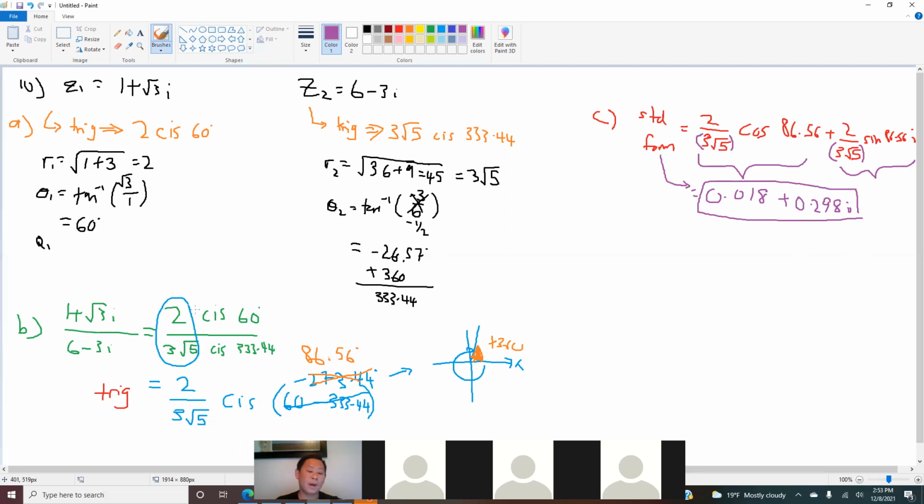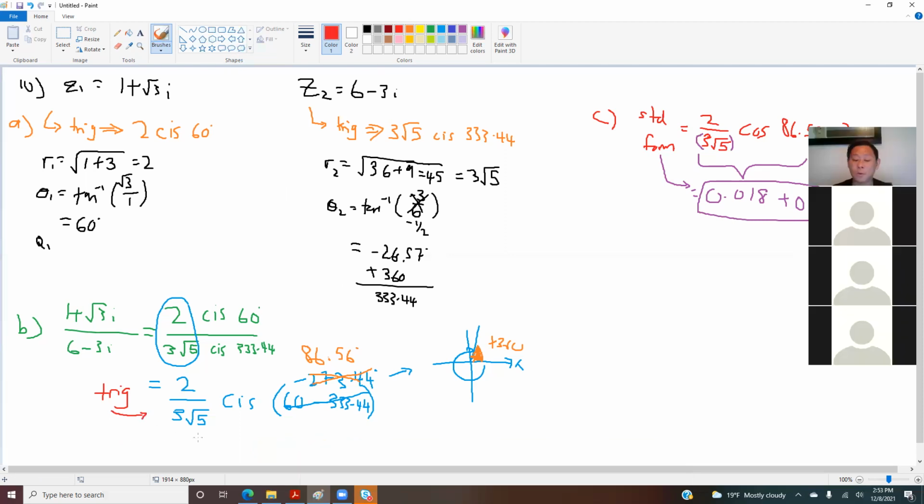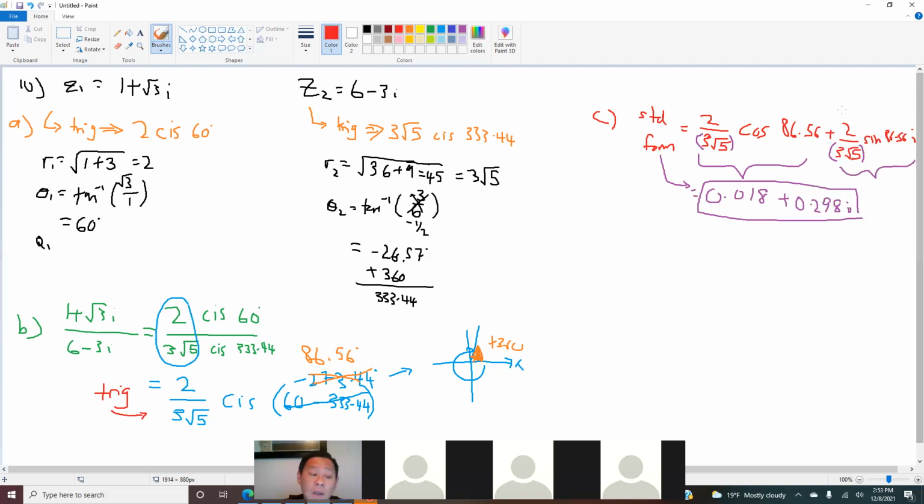And the one with the CIS is called the trig form. So when you do my homework for this section, and also on your test, watch what form they want. If they want trig form, then leave your answer as CIS. If they want the standard form, then you just need to multiply using your calculator, and put an I next to your complex form.